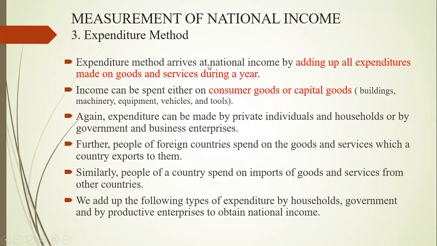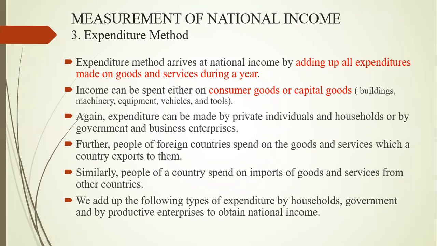The expenditure method arrives at the national income by adding up all the expenditure made on goods and services during a year. Income could be spent on consumable goods or capital goods. Consumable goods are those which you are consuming, and capital goods like buildings, machinery, equipment, vehicles, tools are goods used for further production.